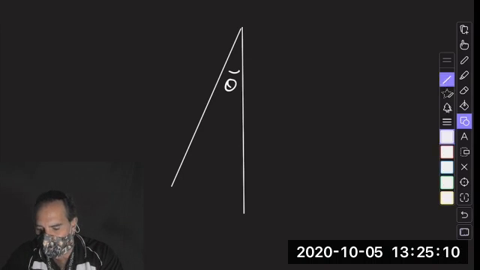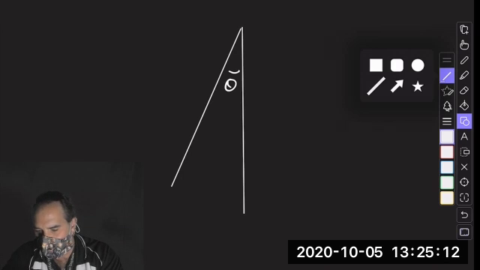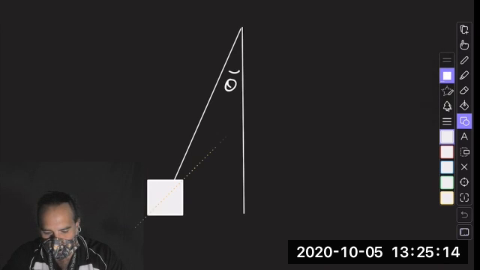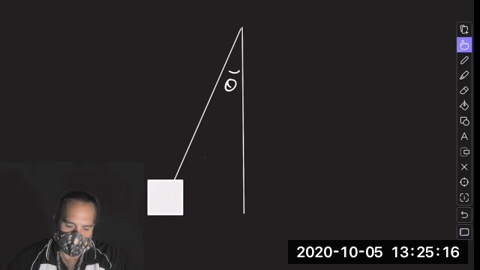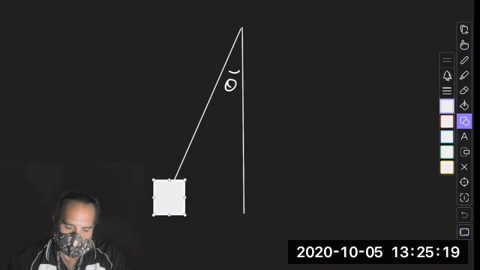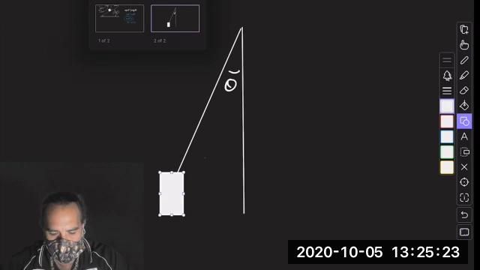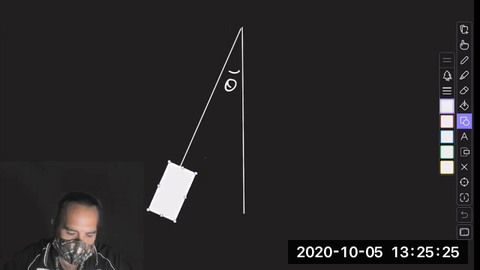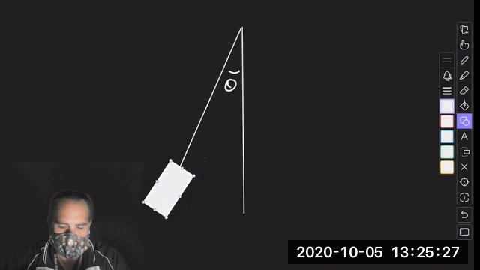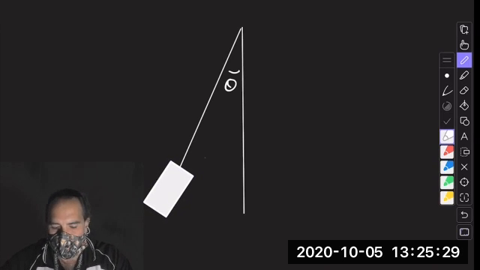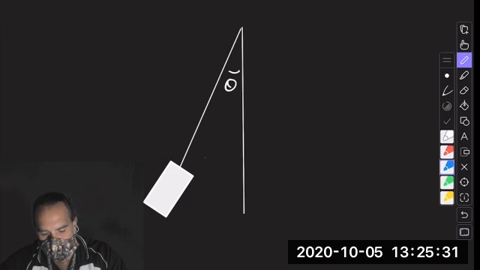So that the object itself, whatever that happens to be, let's say some knick-knack that I have in my car. So there's my knick-knack. It has swung backwards a distance theta. Knick-knack has mass m.